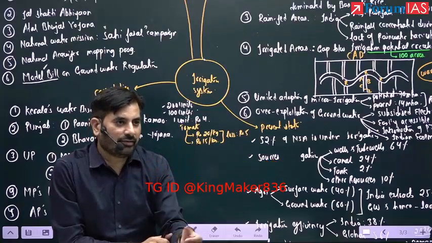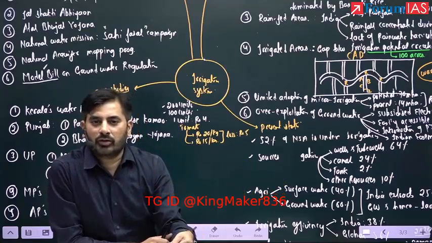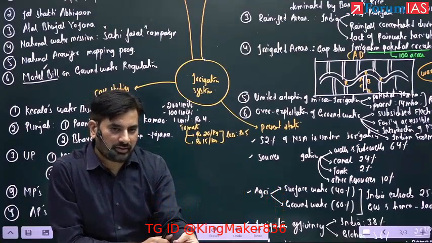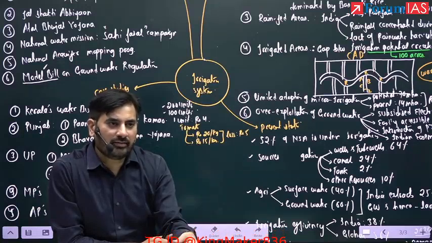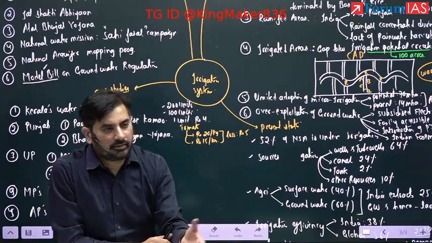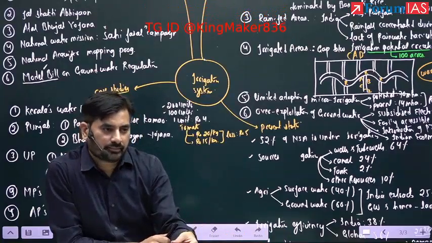Promote crop diversification. Example, Bhavantar Bharpai Yojana. Punjab's. And then UP's MSP for maize. The new pulses scheme also you can write.